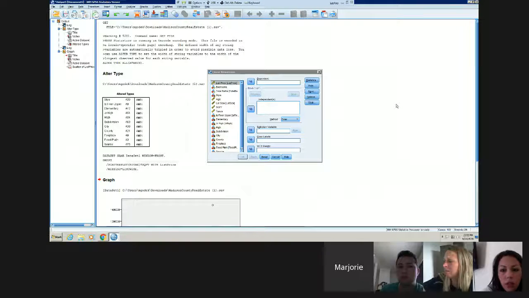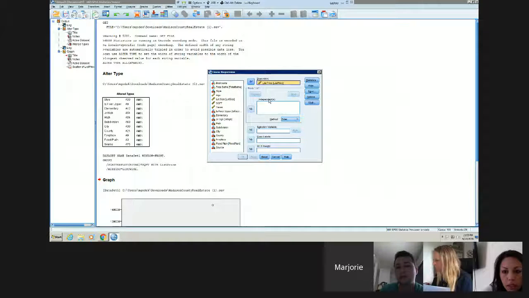I think we should do the list price as dependent, because the dependent is what we're trying to predict. I think so. That's what was in the first question. Well, we can do this and then look at the answer and see if we got it right. Do list price and then square footage.